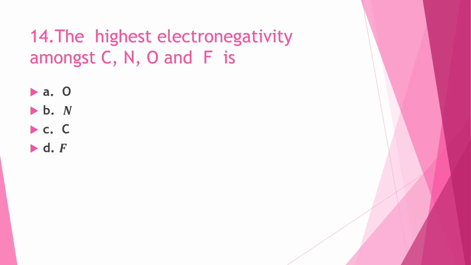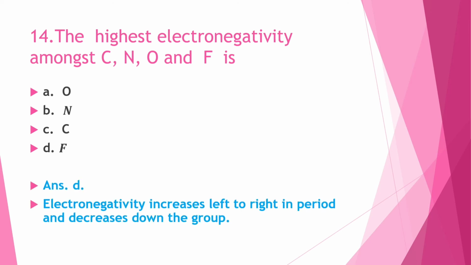Fluorine has the smallest size and therefore it has the highest value of electronegativity in the periodic table. Fluorine has the highest electronegativity value amongst all elements. The option is D, fluorine.